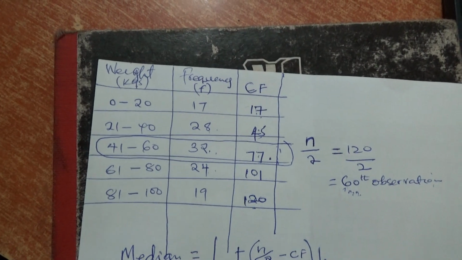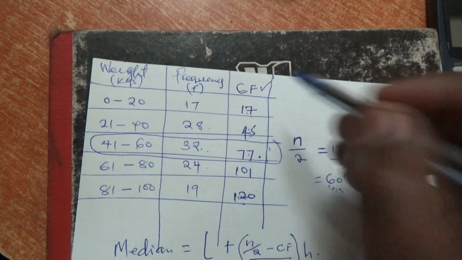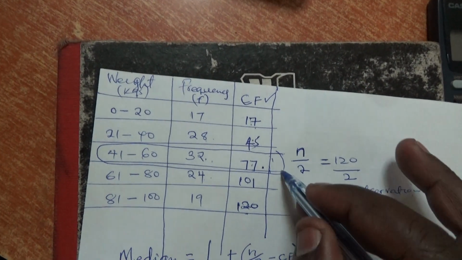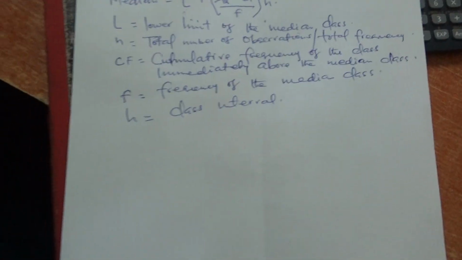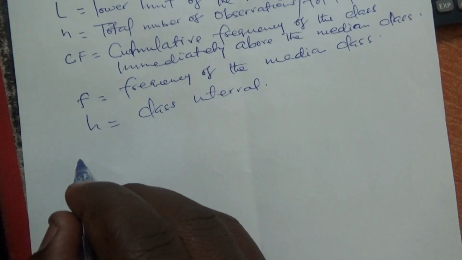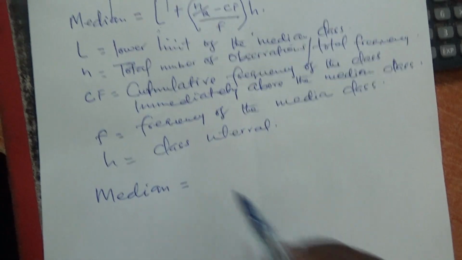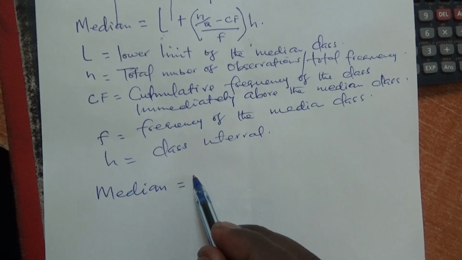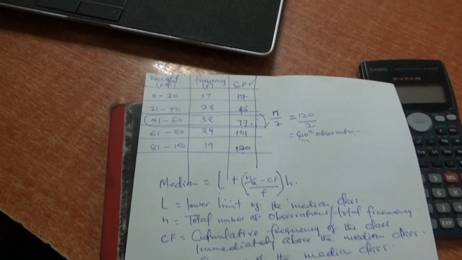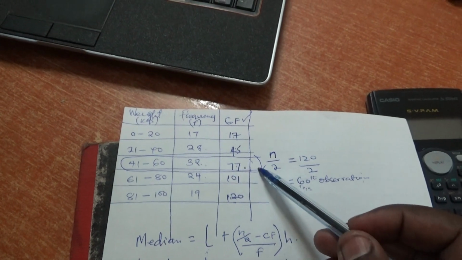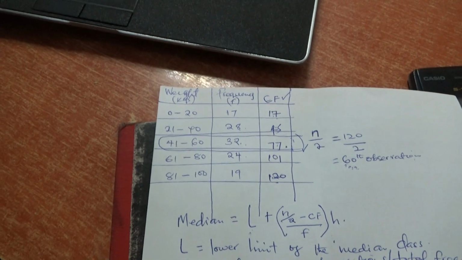So how do we find this median? Now that we have filled the cumulative frequency table and identified the median class, we can proceed with calculating the median. What is the value of L? L is the lower limit of the median class, which is 41.